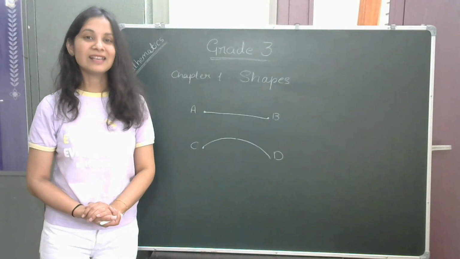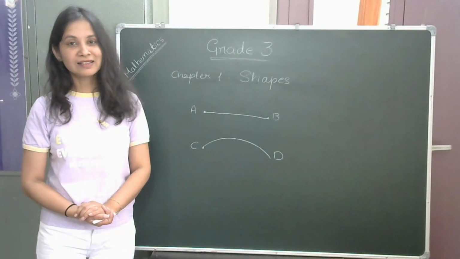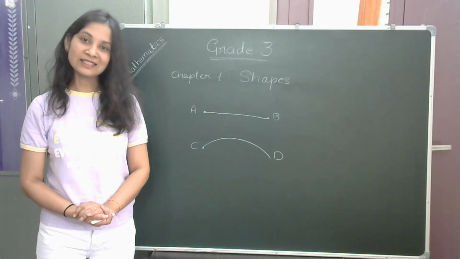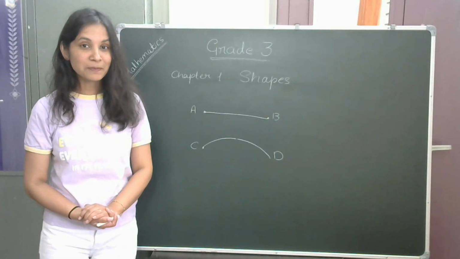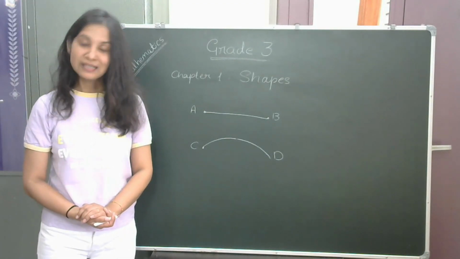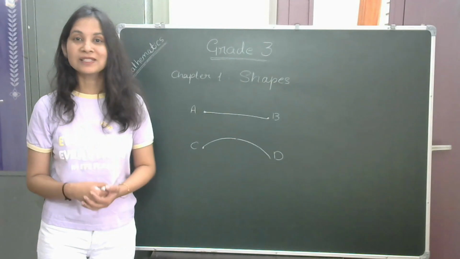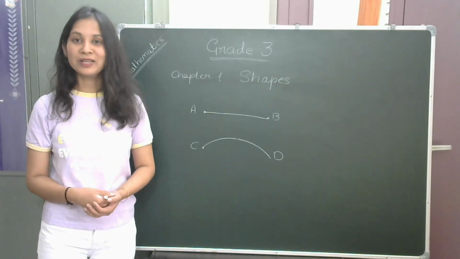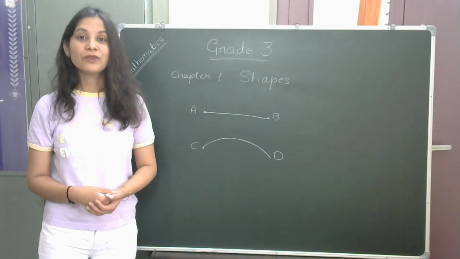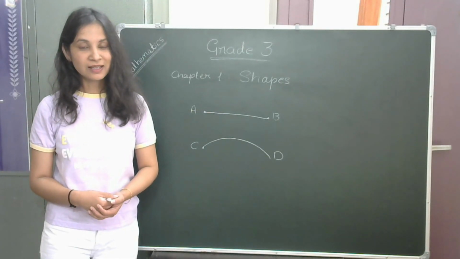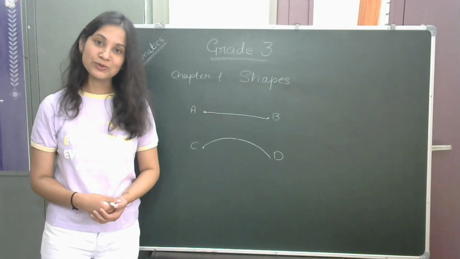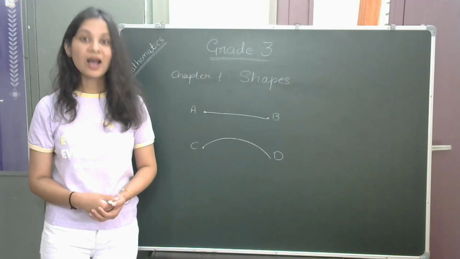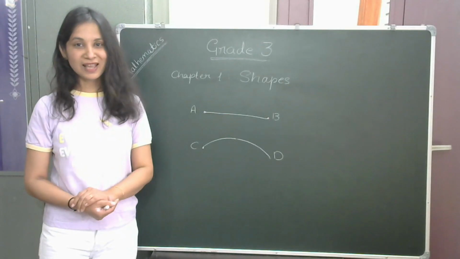Square, rectangle, triangle, oval, circle, star shape, heart shape. Yes, you know many shapes, right? In today's topic, we are going to learn about 4 basic shapes and examples too. And also how to draw them. Let us move to that.